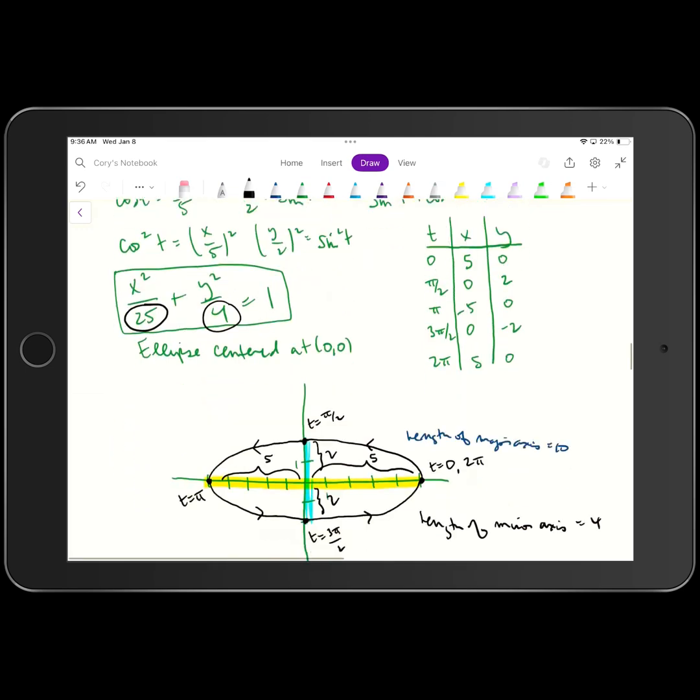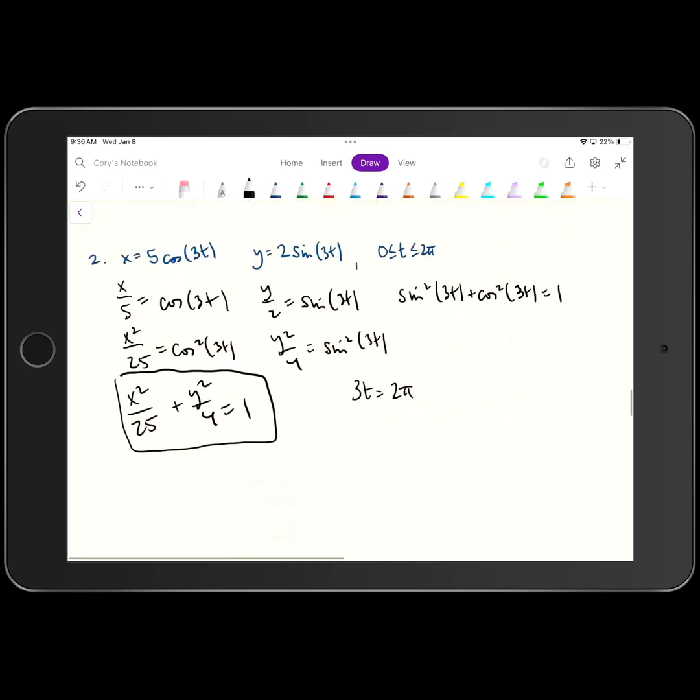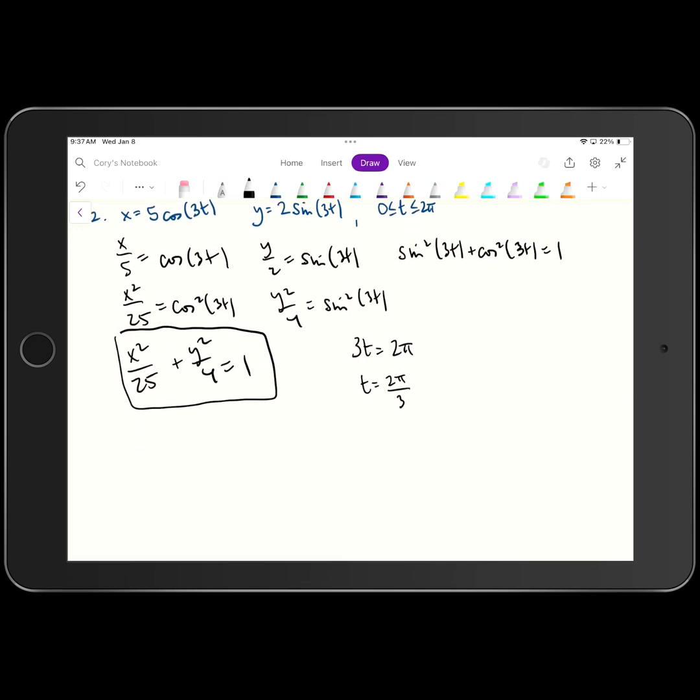This example is going to be different, because when we set the argument of the trig functions equal to 2 pi, when we set 3t equal to 2 pi, that makes t equal to 2 pi over 3. So the period for both the cosine functions and the sine functions here is going to be 2 pi over 3.